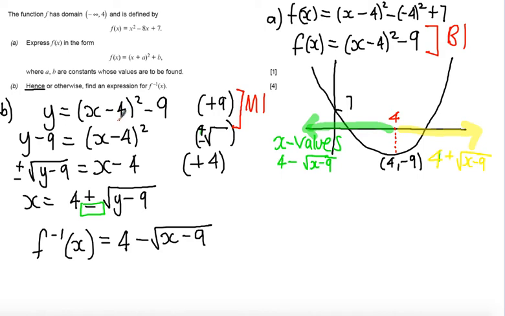Then we get an accuracy mark if you get to this stage here where you've got 4 plus or minus the square root of y minus 9. And then finally, you get the final accuracy mark if and only if you have correctly chosen the correct sign for which the inverse function is defined.